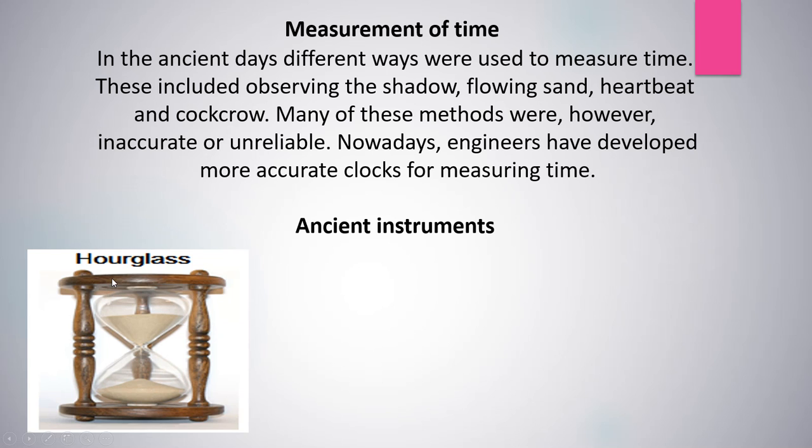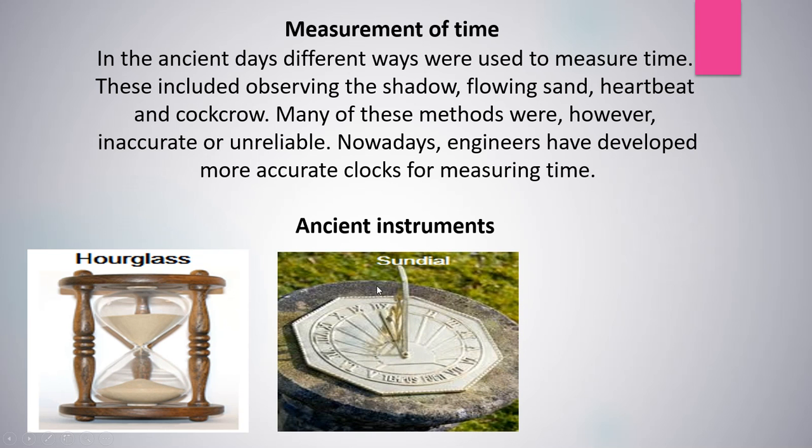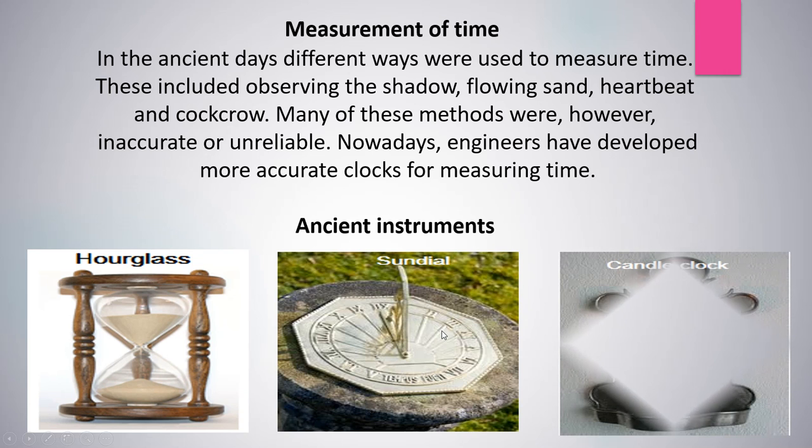There's this one, called the hourglass. It would have sand or water. And then there is one which is called the sundial. The sundial was an ancient instrument used to measure time. And many others.